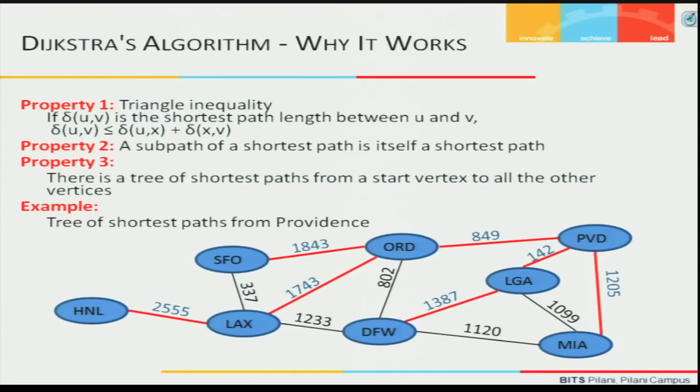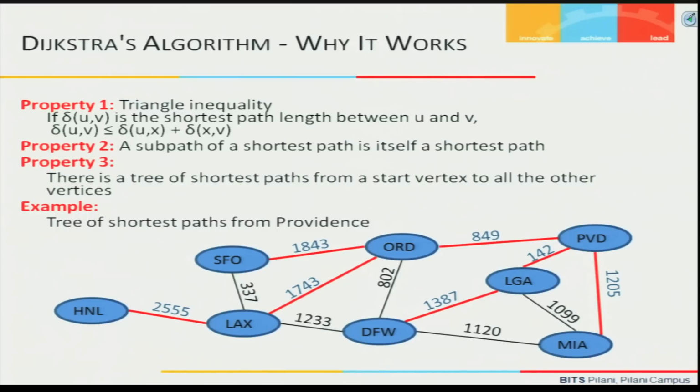Let us try to see why Dijkstra's algorithm works. As we said, the algorithm is based on adding vertices to a cloud with some property. Why it works can be proved using two properties: a subpath of a shortest path is itself a shortest path, and the very standard triangle inequality.